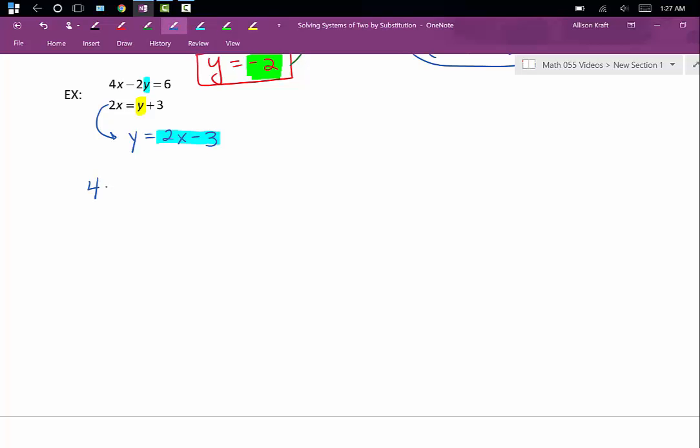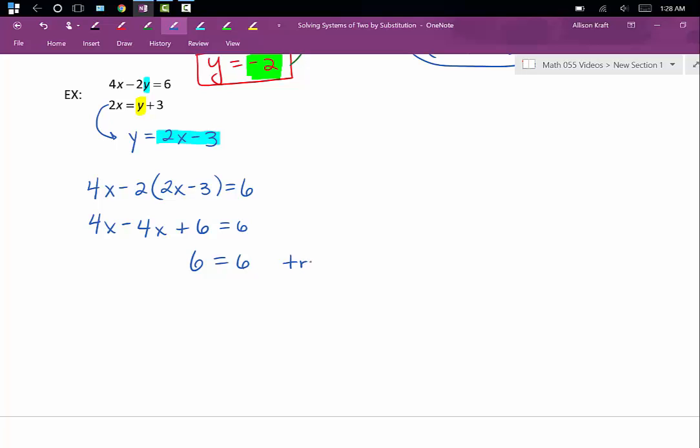We'll get 4x minus 2 times the quantity (2x minus 3) equals 6. Distributing the negative 2, we get 4x minus 4x plus 6 equals 6. Combining like terms on the left, those 4x's fall out and we're left with 6 equal to 6.